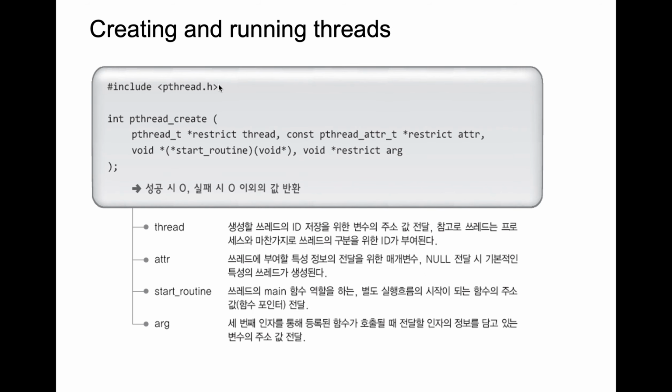Alright, in order to create a thread, you have to include this little pthread.h header file, and then you have to use this function called pthread_create, which accepts 4 arguments. And the first one is the thread ID.